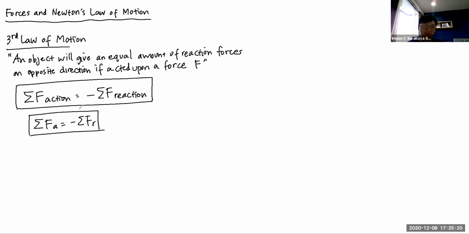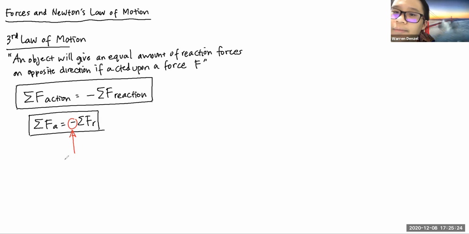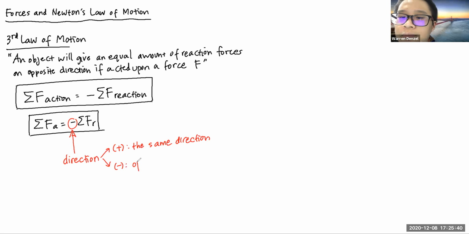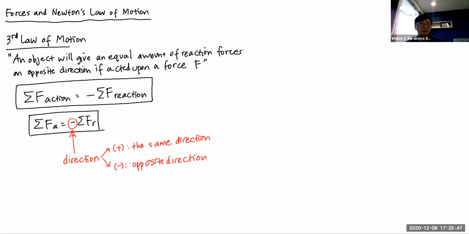What does the negative mean? It means it is in the opposite direction. This means the direction, yeah? So positive means the same direction and negative means opposite direction. Screenshot again.